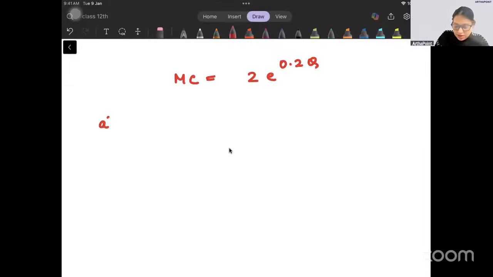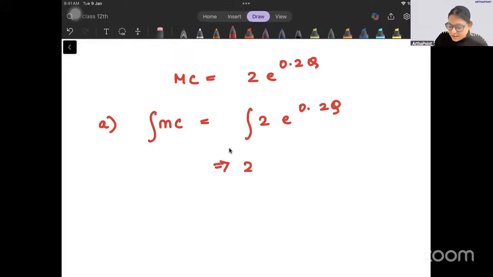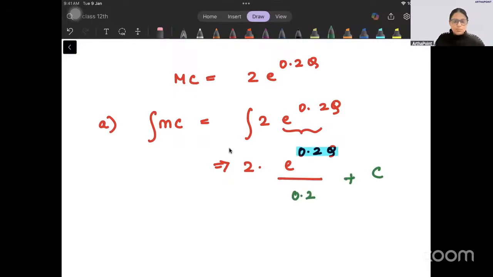Step 1, I am going ahead and integrating this marginal cost function. जब हम इसको integrate करेंगे I will go ahead and get 2. Integration of e^-0.2q will be this as it is divided by जो भी इसका power है उसका coefficient plus c. तो इसका इंटीग्रेशन हमें देगा 10 e^-0.2q plus c.